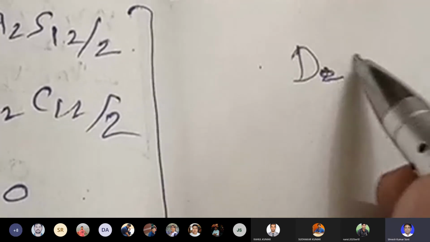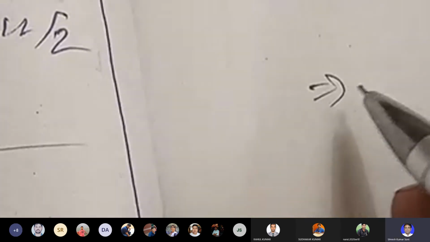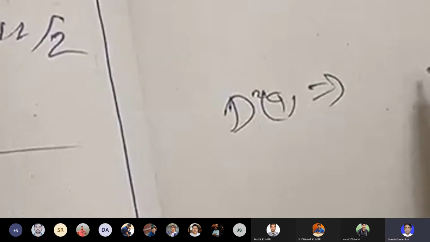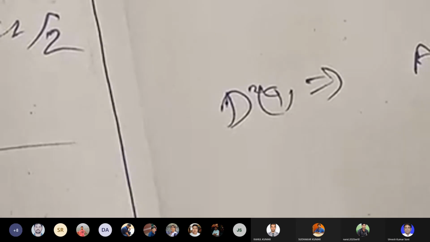Now you calculate D, total D equal to D1 cube plus D2 cube. D2 cube, how you have calculated? This is M2 and B2 transpose D2 B2, ठीक है? क्लियर है?